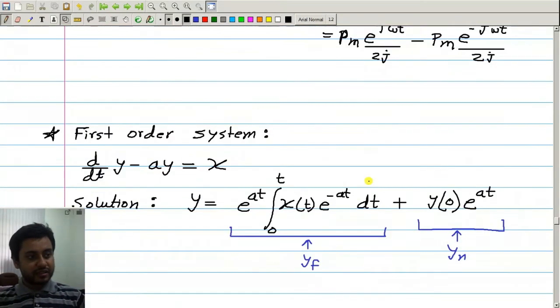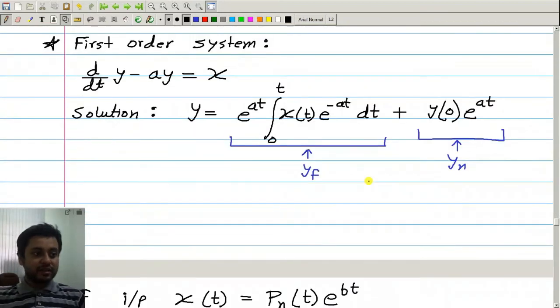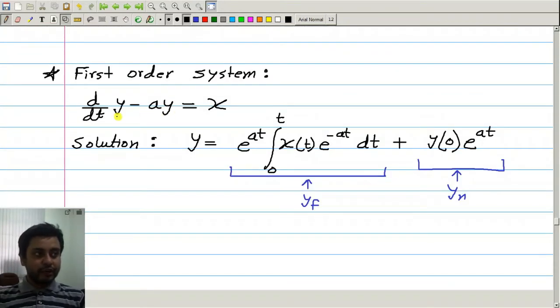Next, yesterday we took a first order system like this: dy/dt minus ay equal to input, and we found that the solution looks like this. It has two parts: forced response and natural response.